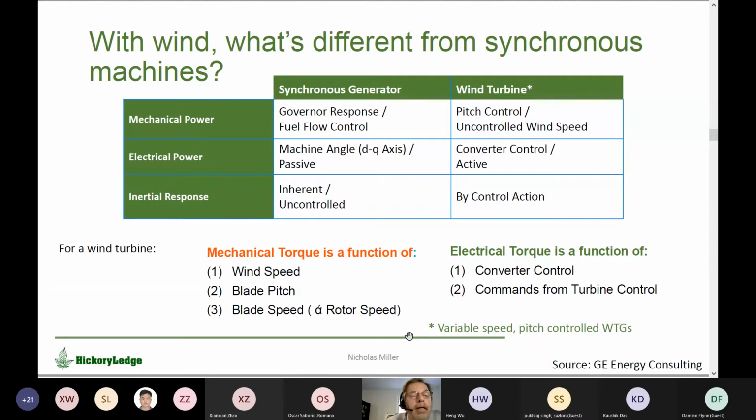But when the grid moves, when the frequency changes, or more importantly, the terminal angle changes, the power that comes out of the machine equations is inherent. It is built into the synchronous machine, and you have no control over it.